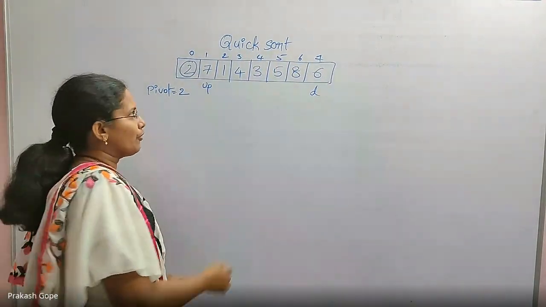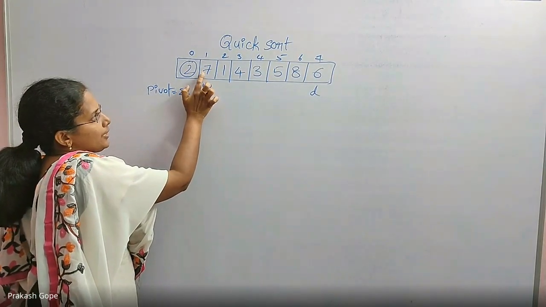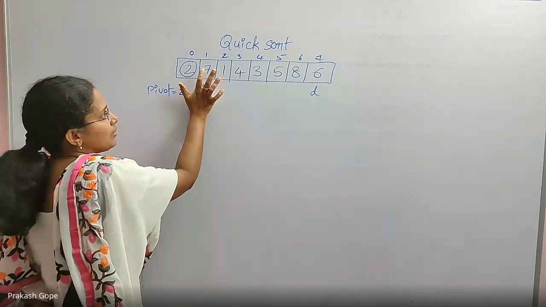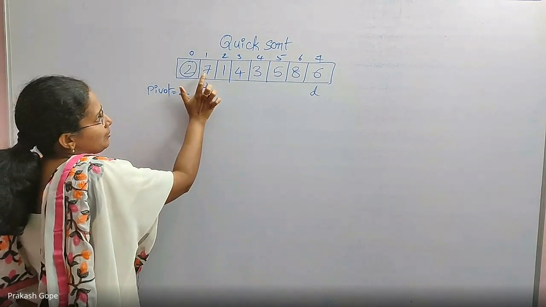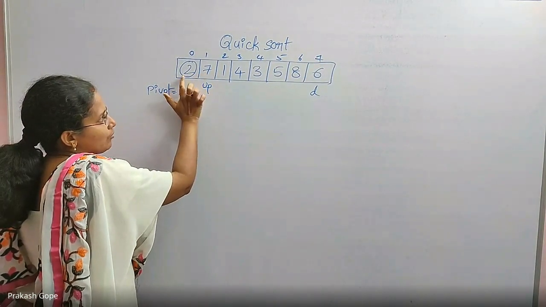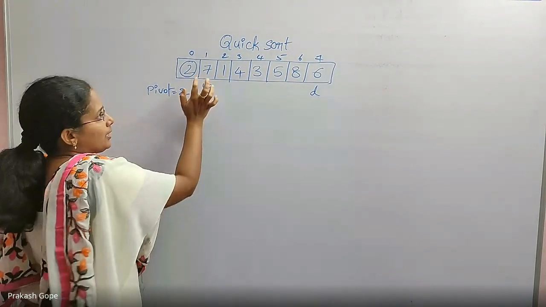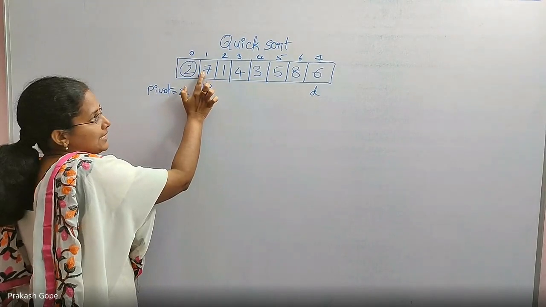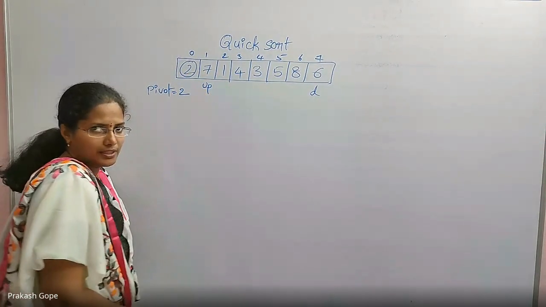Now the logic that we follow is I will compare the pivot element and A of up. A of up means the element. As long as A of up is less than or equal to pivot, up will keep increasing.